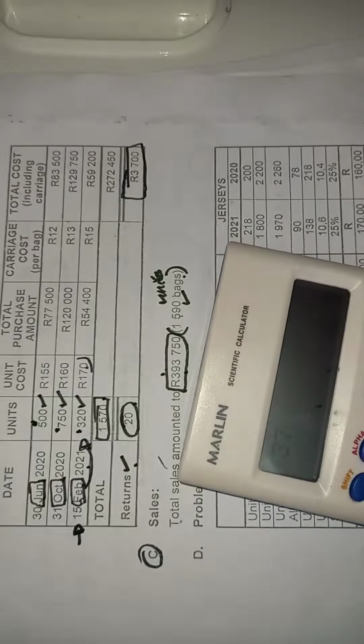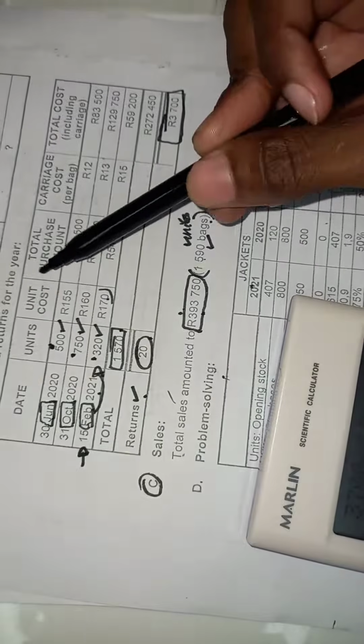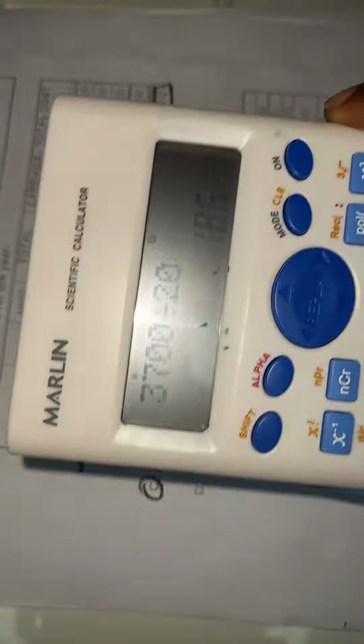Let's simply say 3.7 divide by 20. Then we are getting 185. And if you check here, there is no unit price return 185 as per our calculator. There is no unit price return 185.